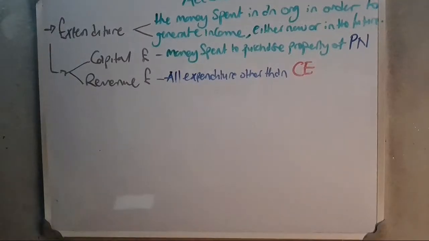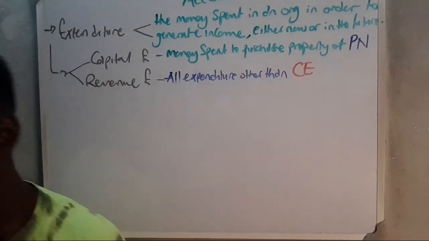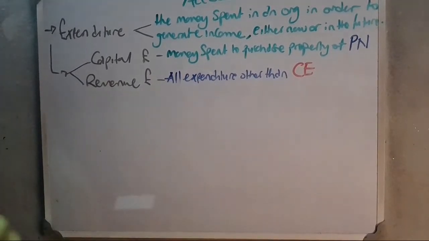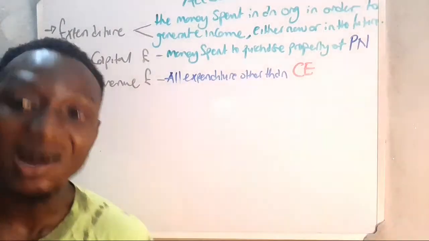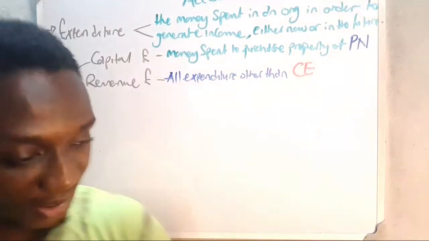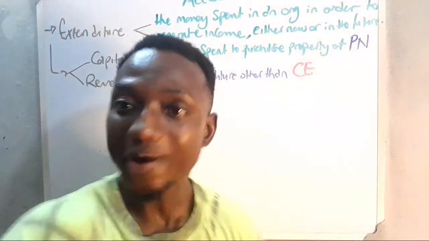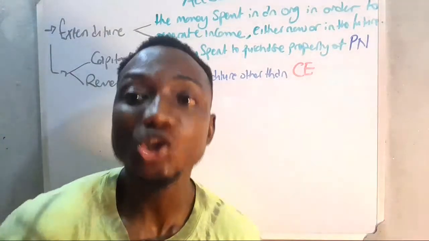Okay, so now let's talk about manual accounting and mechanical accounting. Basically, there's really nothing much on manual and mechanical. When you say manual, this is accounting that is done by using pen and paper, writing down accounting details by a human being.